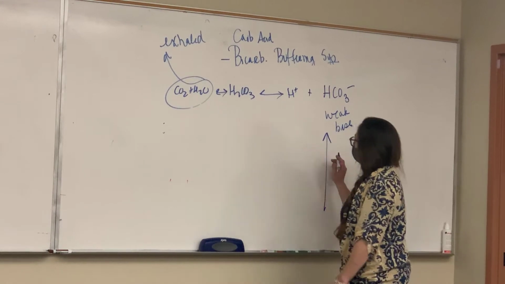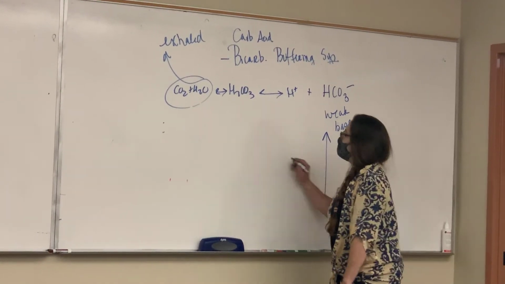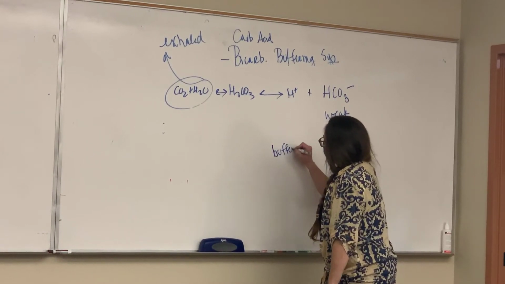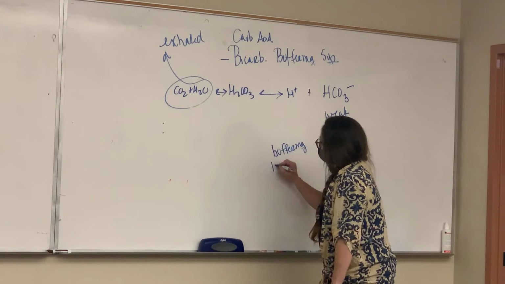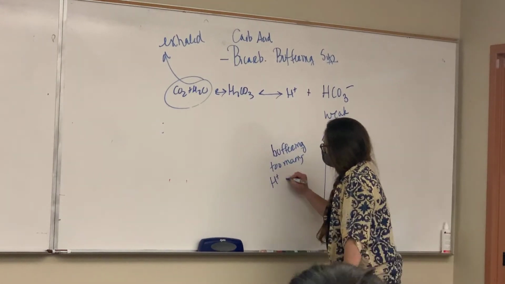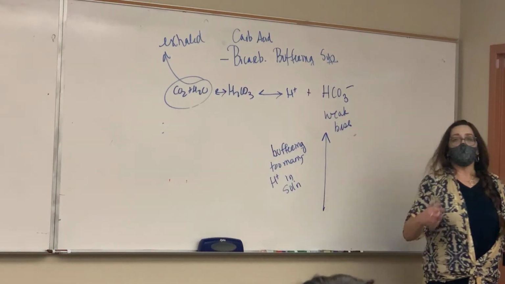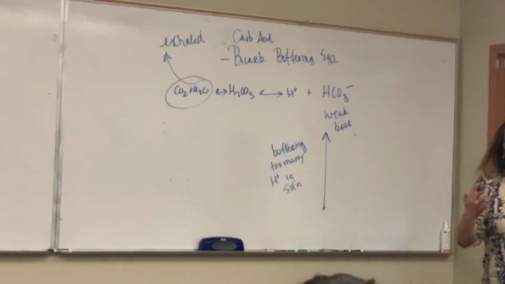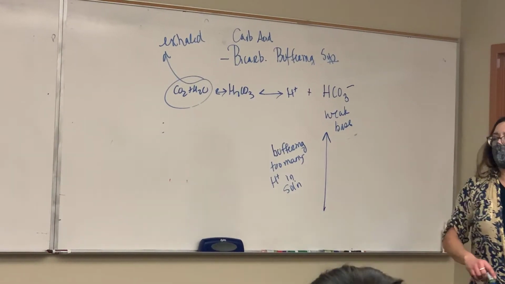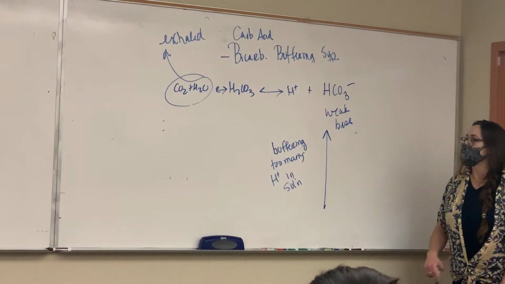Because we have too much of this, we're going to be buffering too many hydrogens that are in our solutions. You want a certain number of hydrogens in the solution because that determines your pH. And to be at 7.35 to 7.45, you need a certain number of just free hydrogens in that solution.